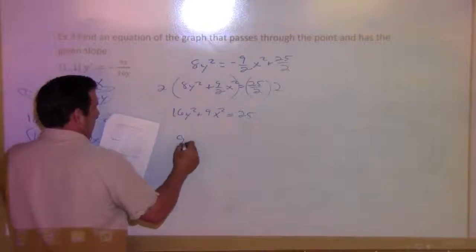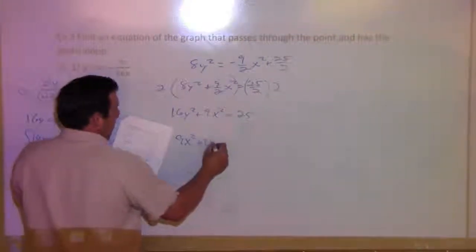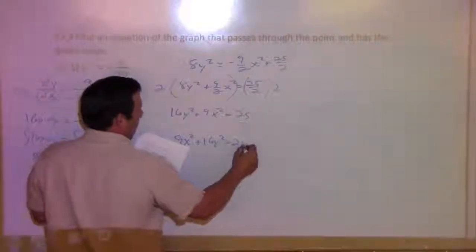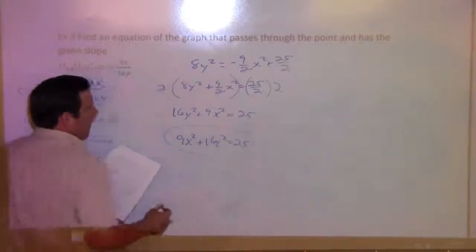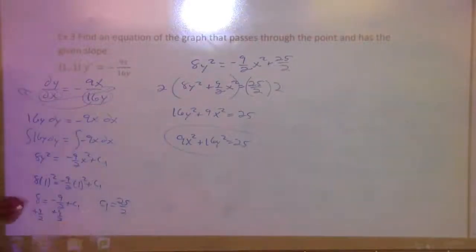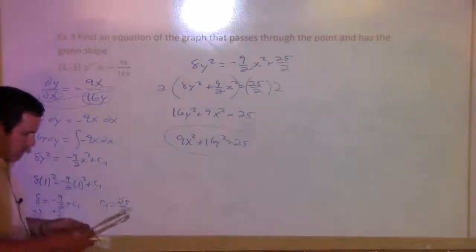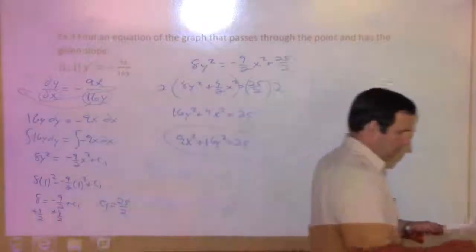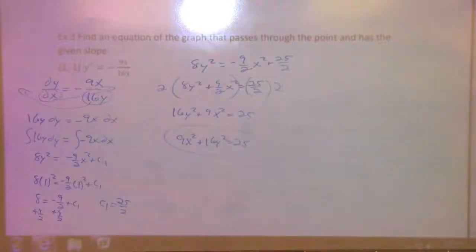So we can write 9x squared plus 16y squared equals 25. This would be the equation of an ellipse. Divide everything by 25. Okay, moving right along.